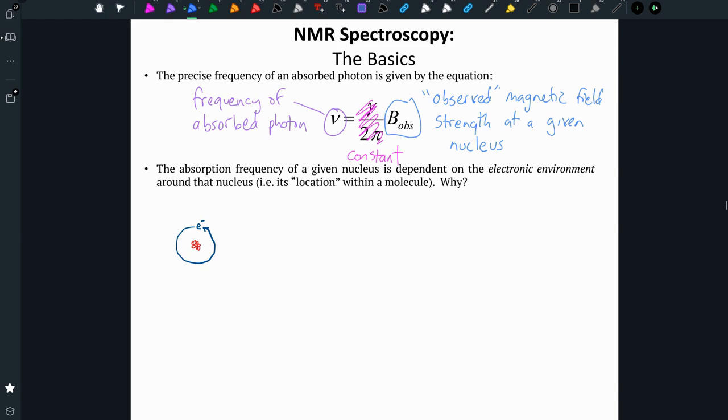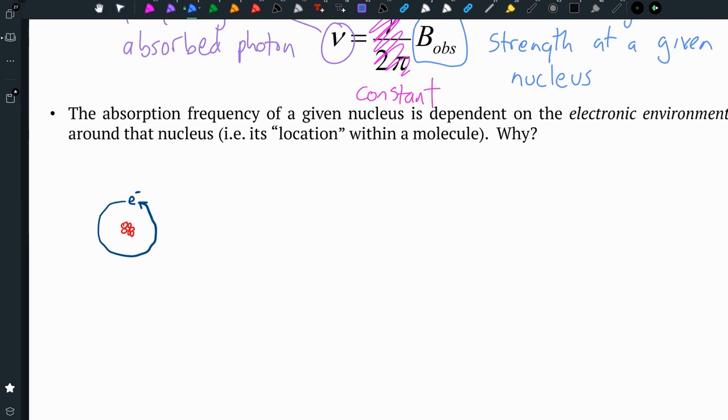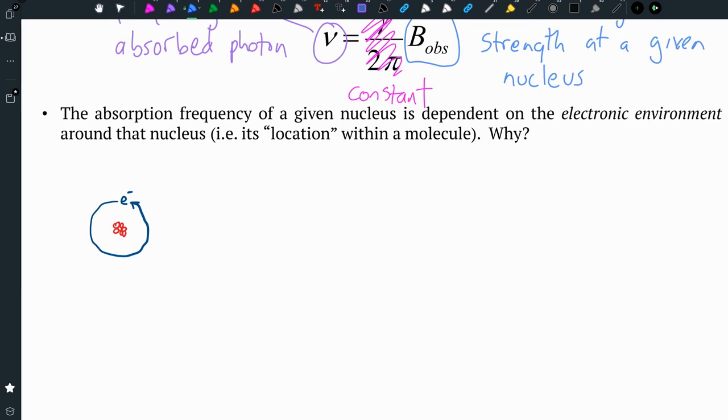So every nucleus is surrounded by electrons. All right. I have my very highly detailed drawing of a nucleus surrounded by electrons over here. If you're wondering what this represents, this is a nucleus surrounded by electrons.